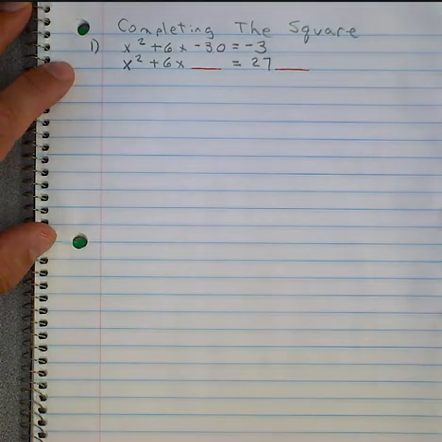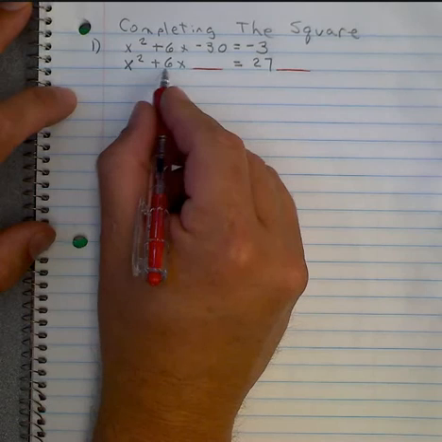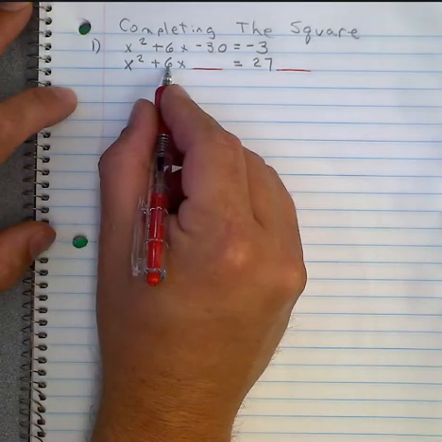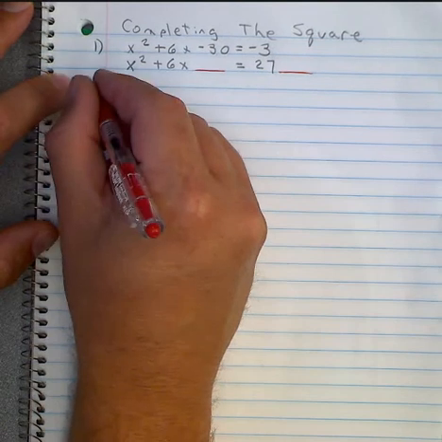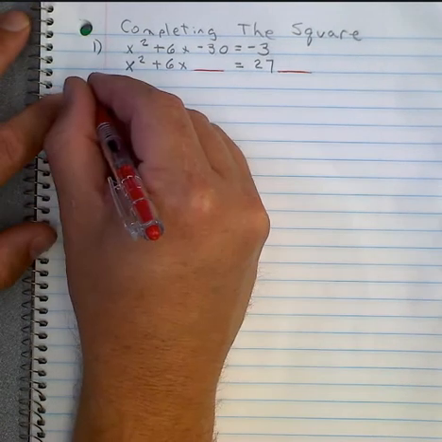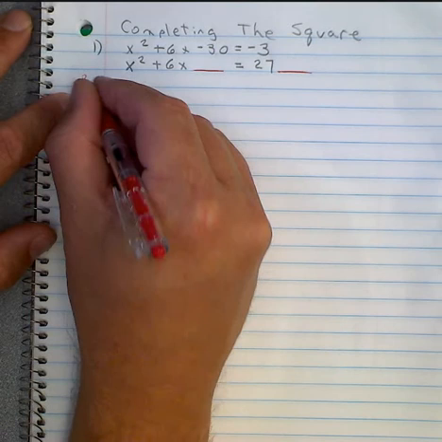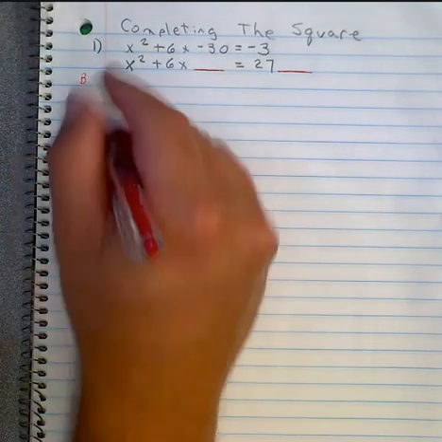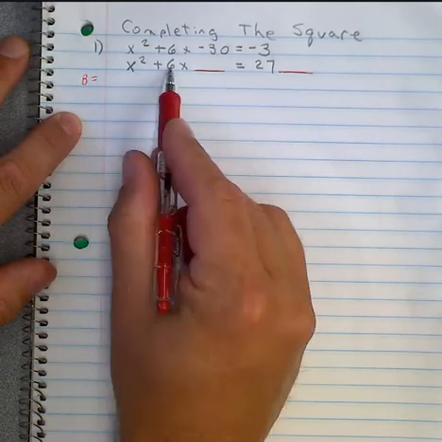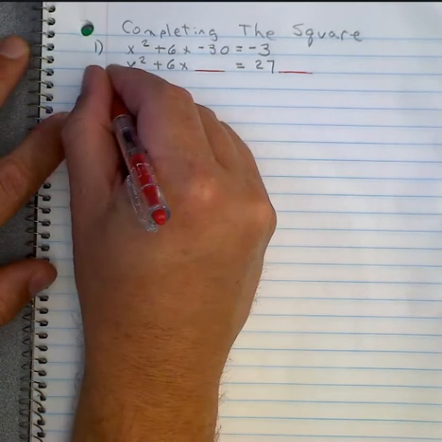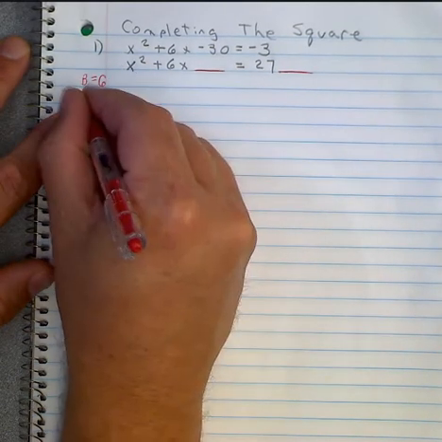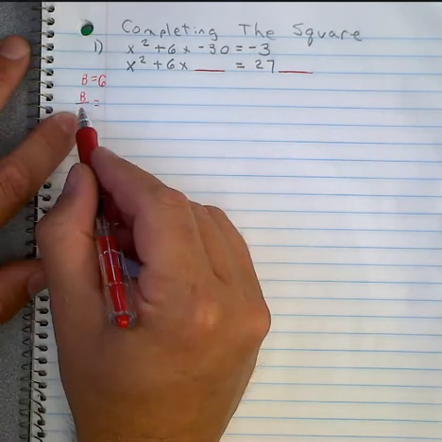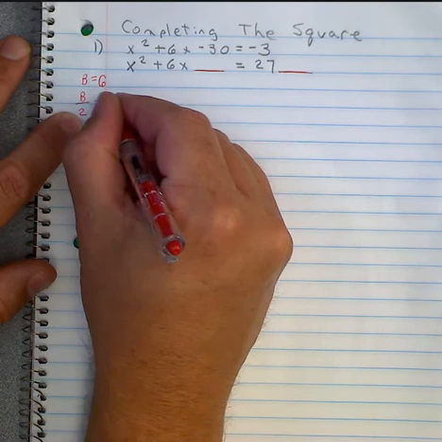Well, the way you find that out is you look at this term, the linear term right here that has the 6 in it. So if I look at the linear term right there, then that value, the b value, if this is ax squared plus bx plus c, the b value is 6. And b over 2 then is 6 divided by 2, that is 3.